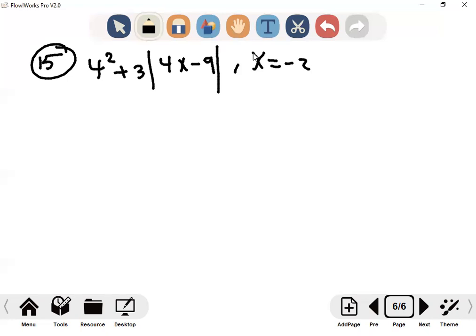Question 15, guys, do it. Replace x by -2 in this expression. It has absolute value.